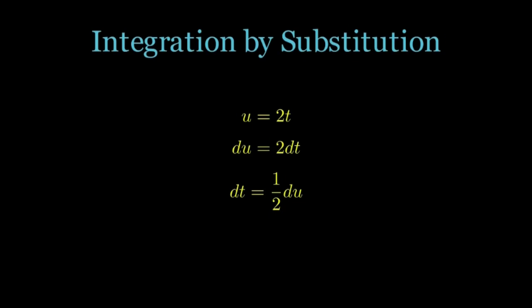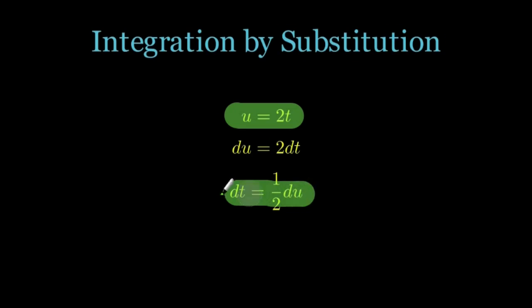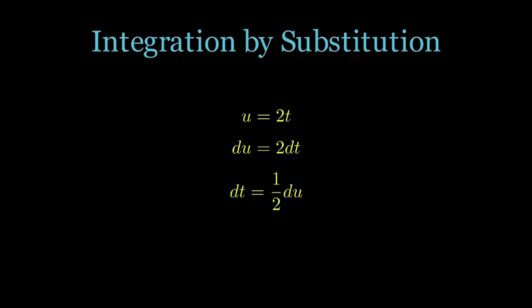That gives us an opportunity to substitute dt as well as substitute 2t with u. So we substitute 2t with u and dt with half du in the original expression, and that gives us an opportunity to solve this. Let's do that quickly.